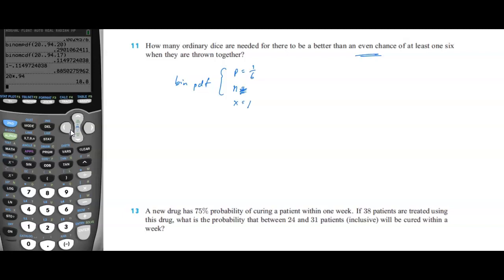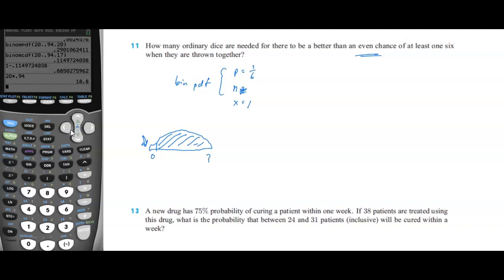So in this case, let me draw a little diagram for you. So we have a distribution which goes from 0 to something. Depends on how many dice you have to throw. And what we want is at least 1 6, which would be this whole thing except for this piece here. Okay?